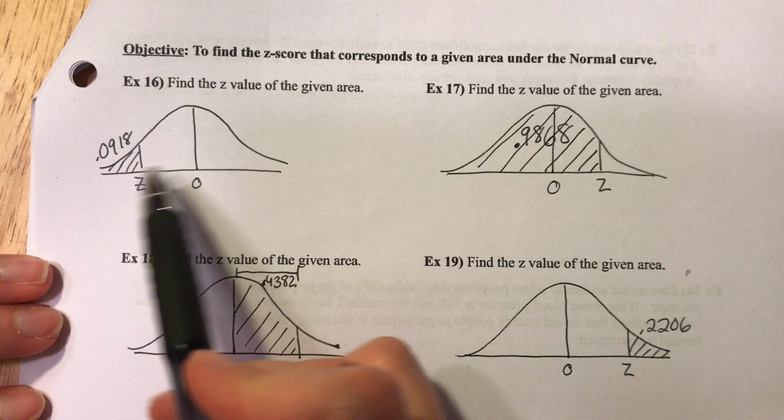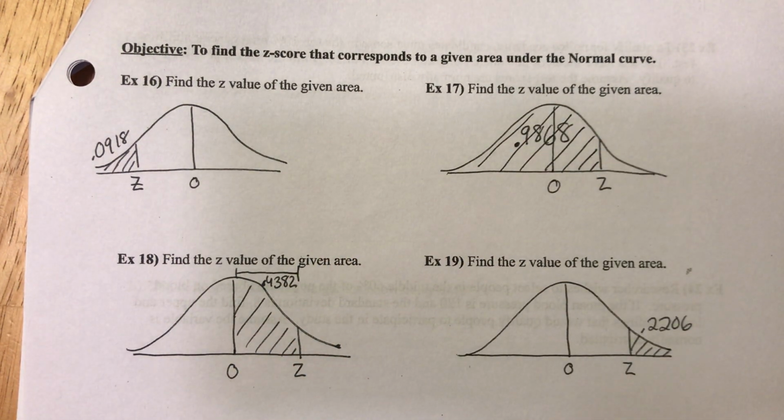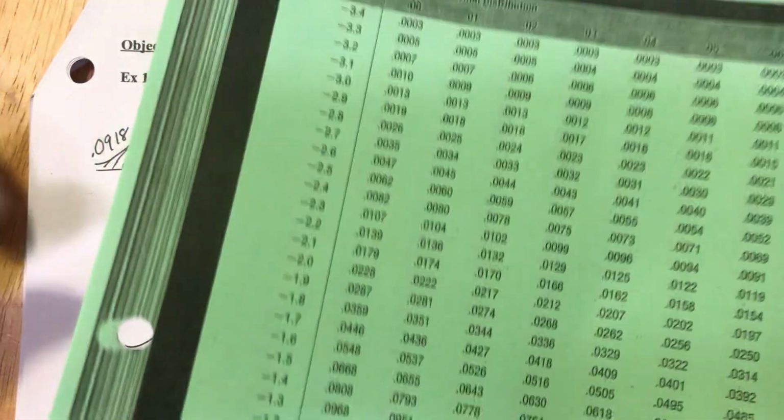So the first thing you need to do is say, all right, is this a positive z-score or a negative z-score? And hopefully you said it's a negative z-score. Negative z-scores, we always need to use the first page with the negative z-scores of our table charts.